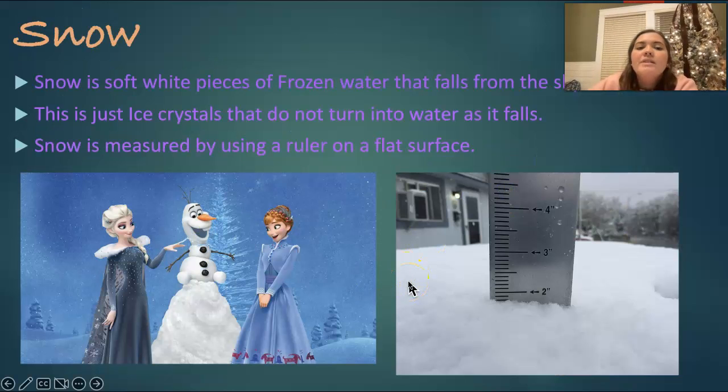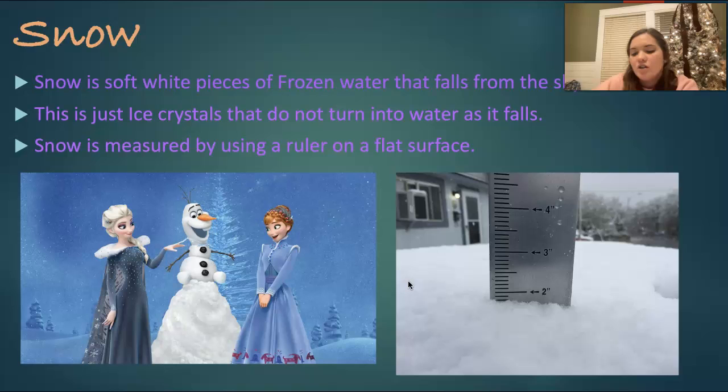Snow. Snow is soft, white pieces of frozen water that falls from the sky. Snow is measured by using a ruler on a flat surface. So most of y'all probably have decks or concrete near your homes. Next time that it snows, I'm letting you know that all you have to do is take a ruler and take it outside, sit it down in the snow, and it'll actually show you how much snow has fallen in a day.